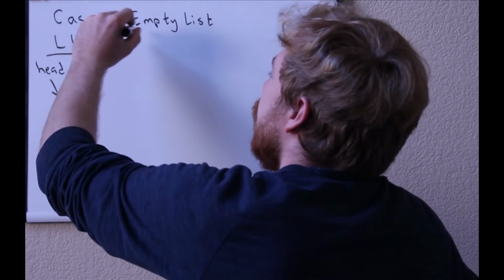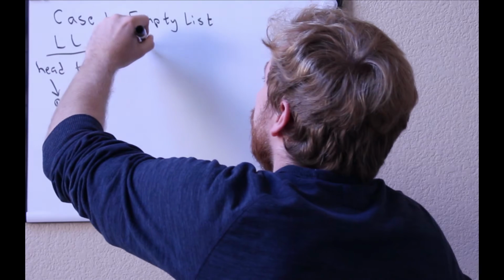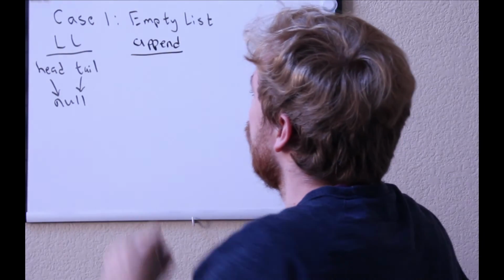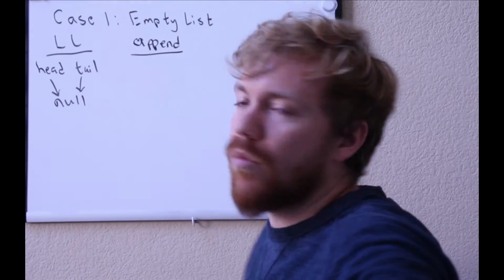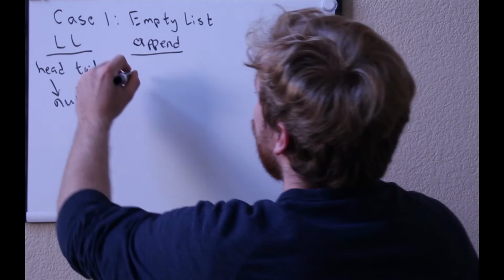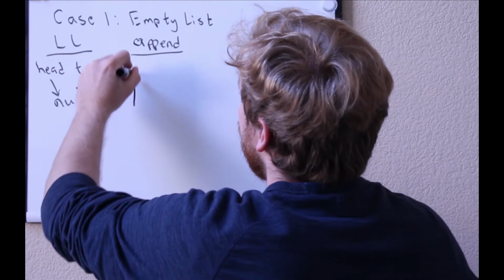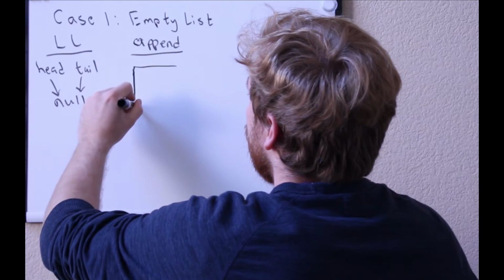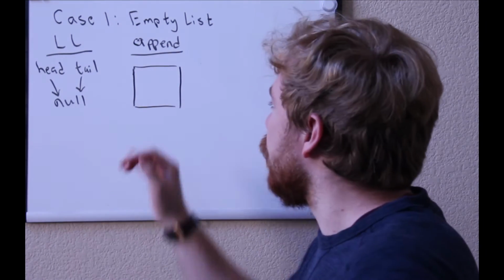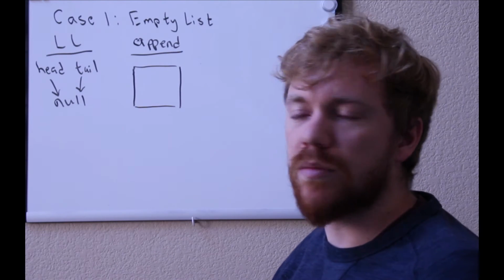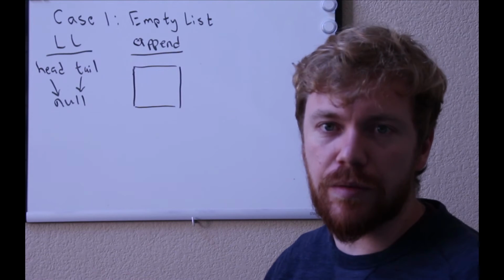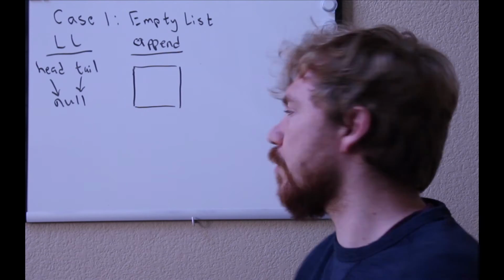And the operation we're doing here is append. So I'll go ahead and put append. And what is it we're appending? Well, we're appending a new node. So let's go ahead and create a node. So this box here will represent a new node. Now every node, as we know, contains some sort of data, as well as a next variable that references the next node.